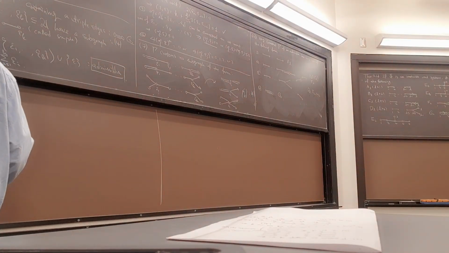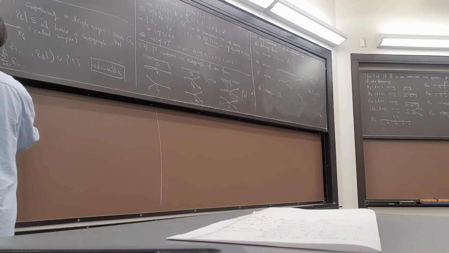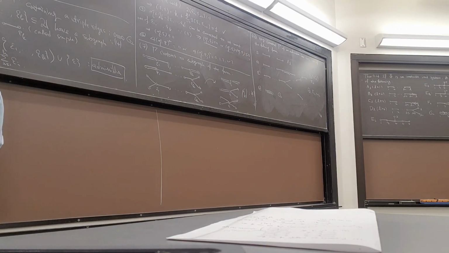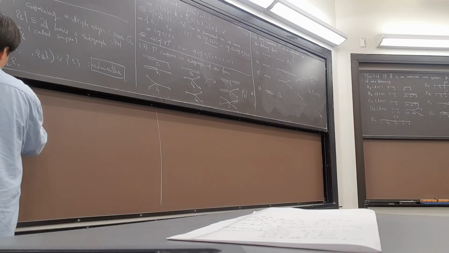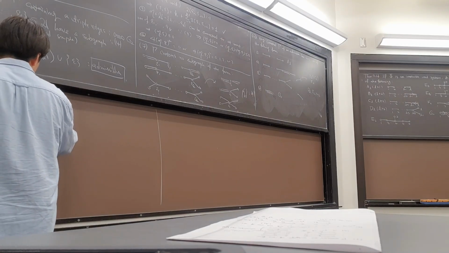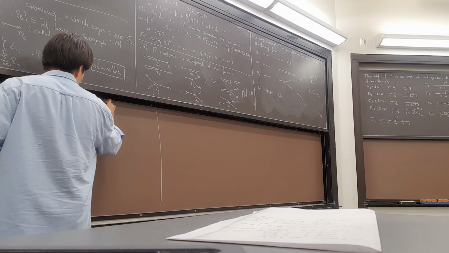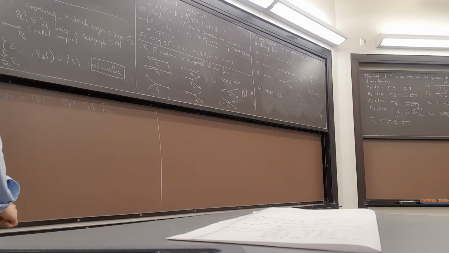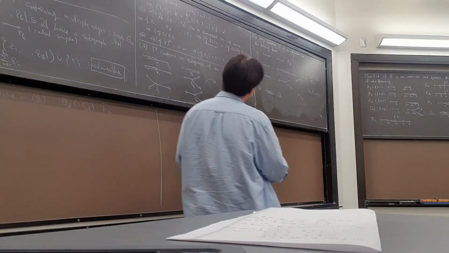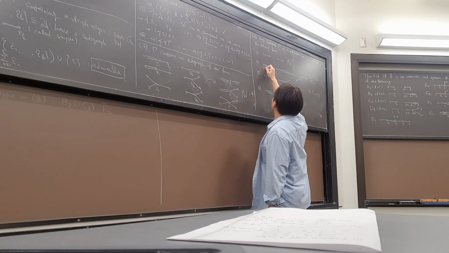So the claim is that the only connected graph of the second type in 8 is only the B_l or F4 case. So I claim it. So let's set, oh yeah, we want to know the names of the vertices.